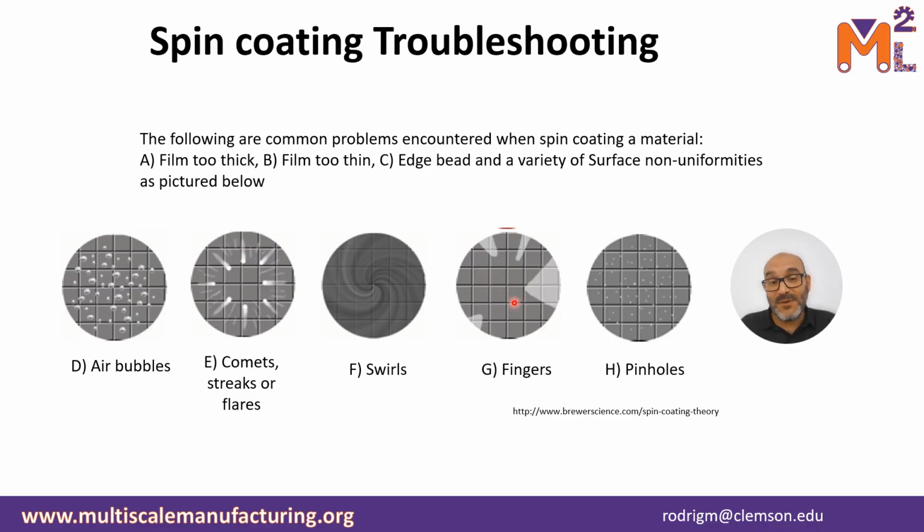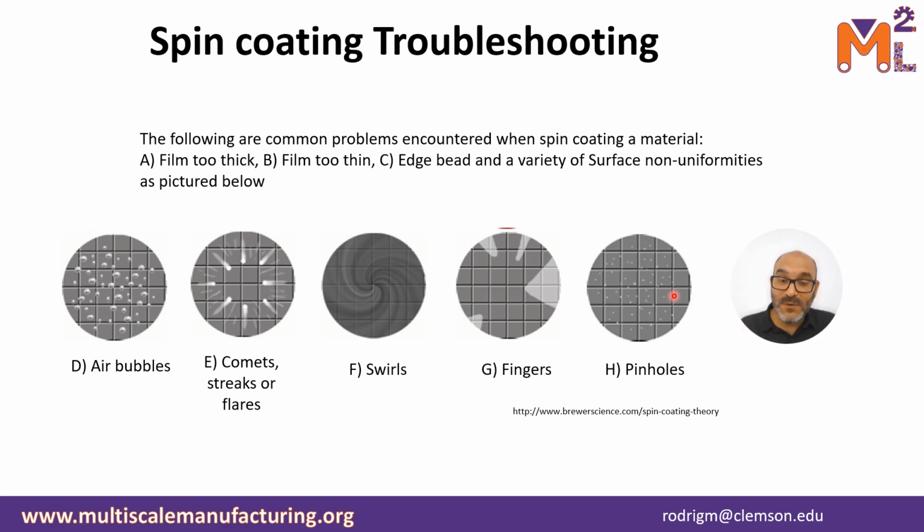Particularly when you don't have enough material, you can have some parts of the substrate that were not coated with the photoresist. In some other cases, you can start having pinholes, meaning little pockets over here, little parts of the substrate that were actually not coated with the photoresist.